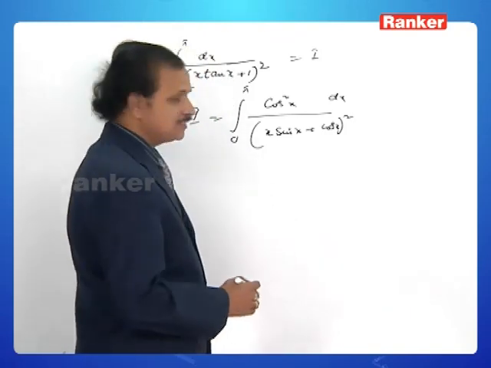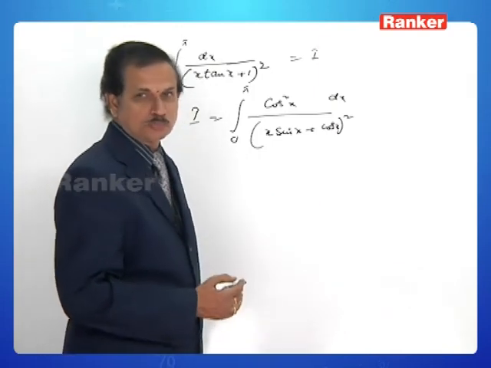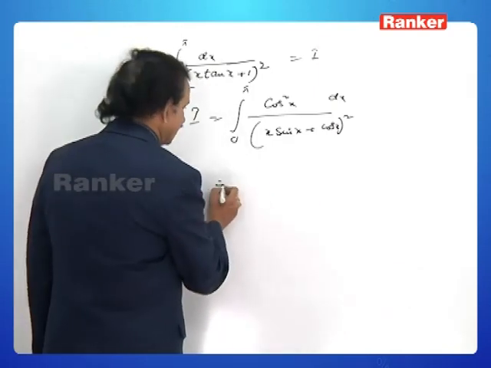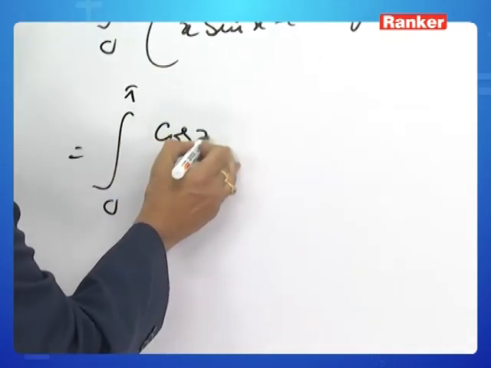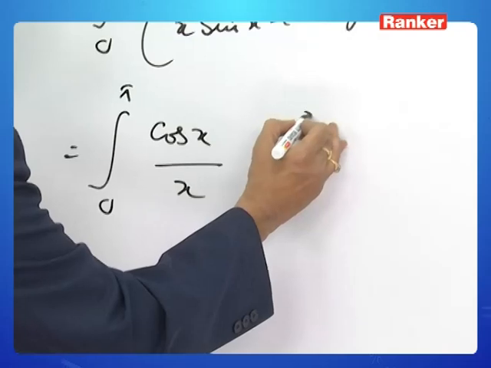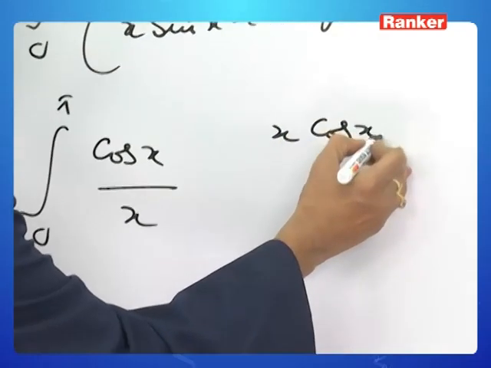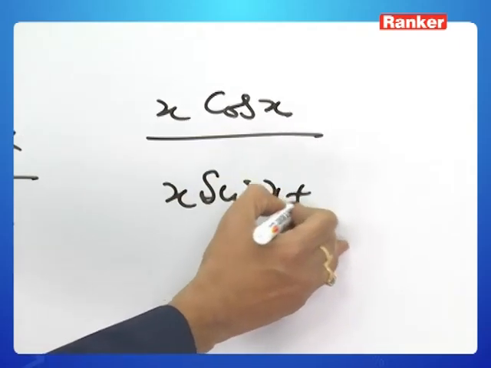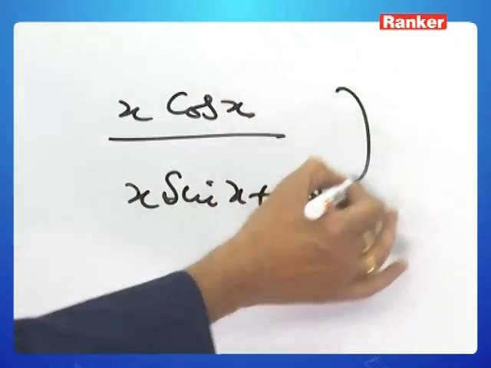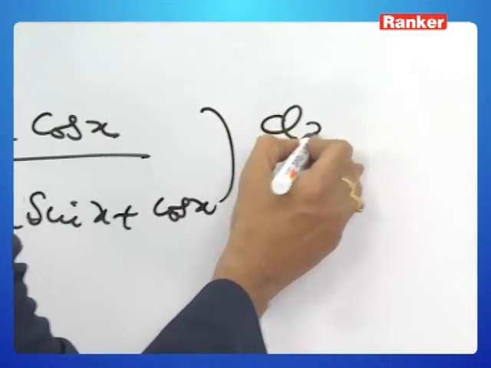And now it is an interesting case to split this integral: integral 0 to pi of cos x by x into x cos x by (x sin x plus cos x) dx.